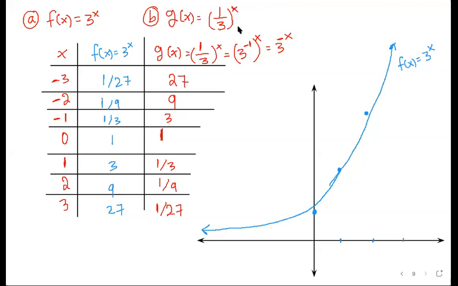For the red one, it is vice versa. Everything is reflected around the y-axis. So 0 and 1, again 0 and 1.